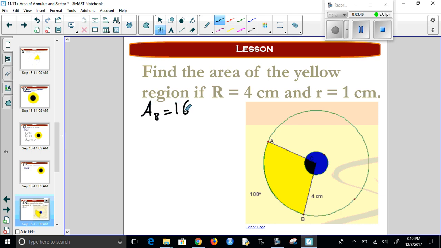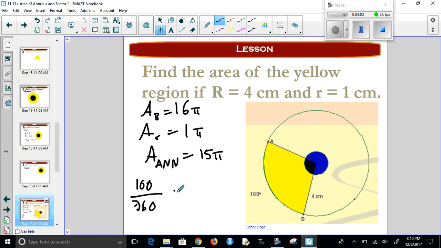Area of the big is going to be 16 pi. Area of the small is going to be pi times 1 squared, so that's 1 pi. So the area of the full annulus is going to be 15 pi. Now we just want a part of that, so I'm going to do 100 out of 360 equals x over 15 pi.